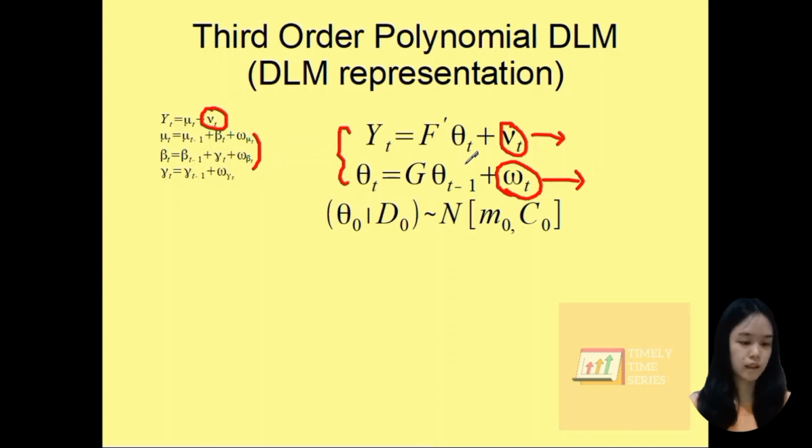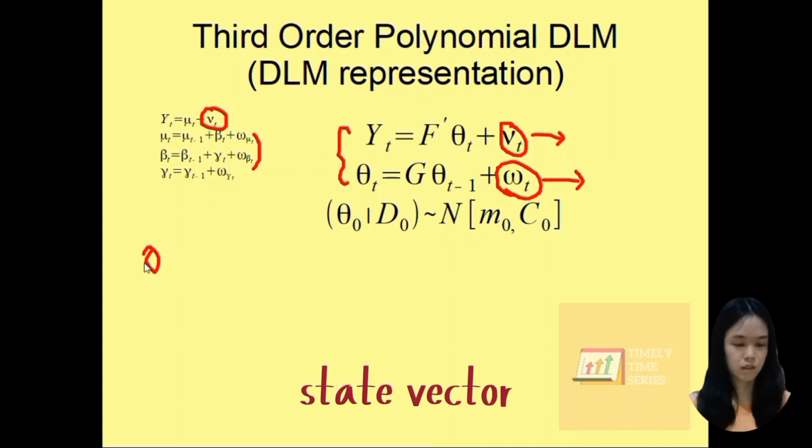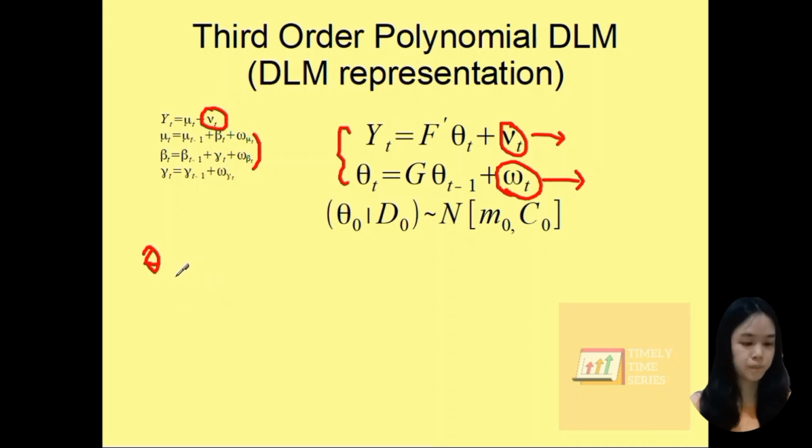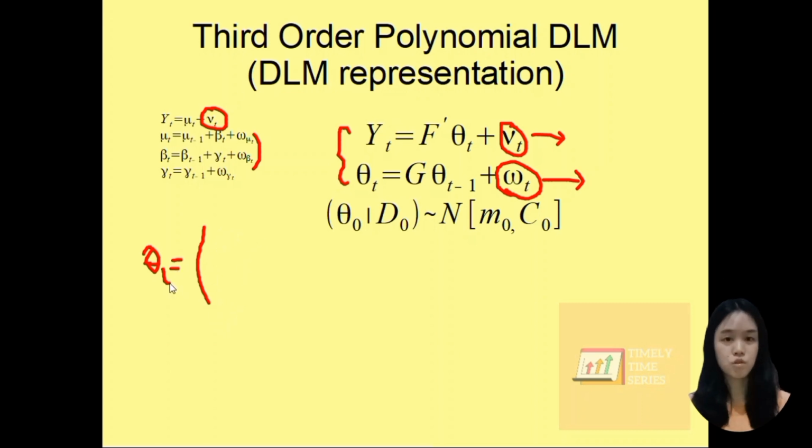Now, theta is called the state vector. Theta is a vector of length 3. It contains all the variables. So the theta t would be the level, the growth, and the change of growth: mu t, beta t, and gamma t.